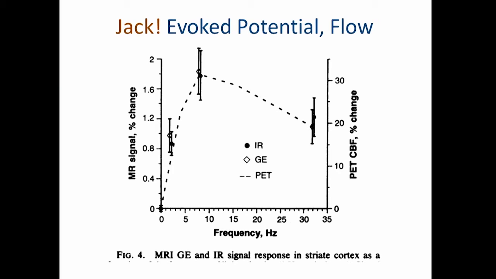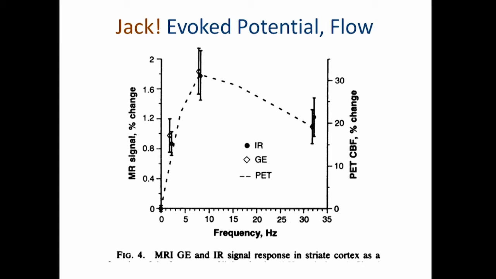Now, the interesting story is that after our paper was rejected by Nature, we were somewhat disappointed. And Jack said we need to do something more substantial to impress the reviewers. It's not enough just to show what was shown in Science. So he came up with the idea to link up the neuronal response and the blood flow response.